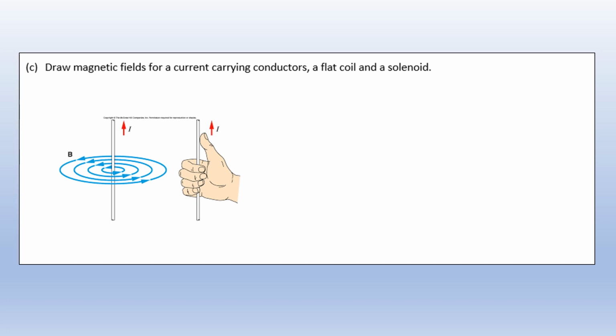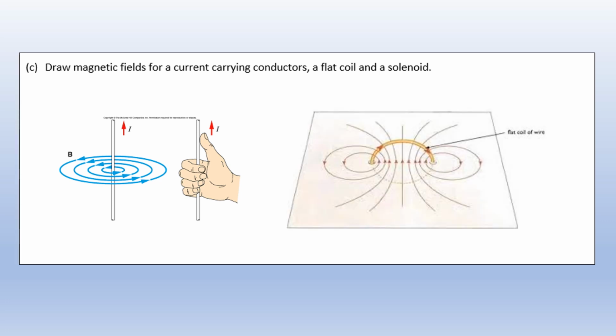So that's for a current carrying wire. If we have a coil, we get a slightly different effect. You can see the current going clockwise around that coil. And we end up in the middle of the coil getting a fairly uniform magnetic field going through the middle, but we get those circles around the wire as you get close to the wire, as you might expect.